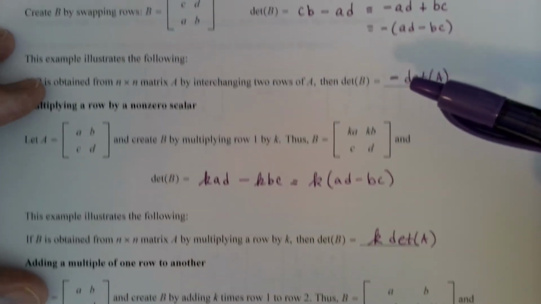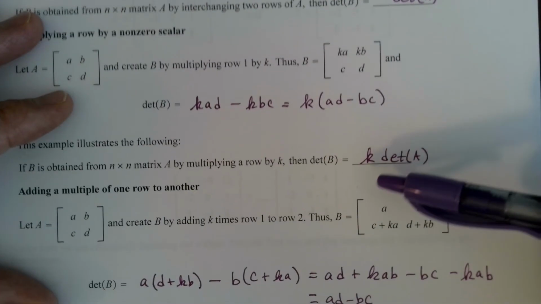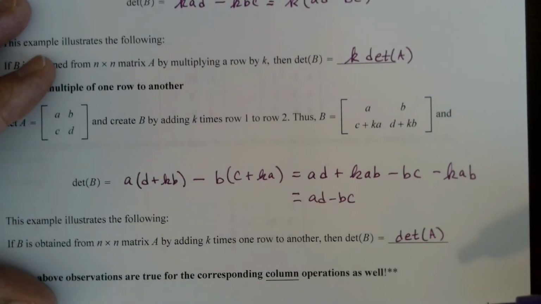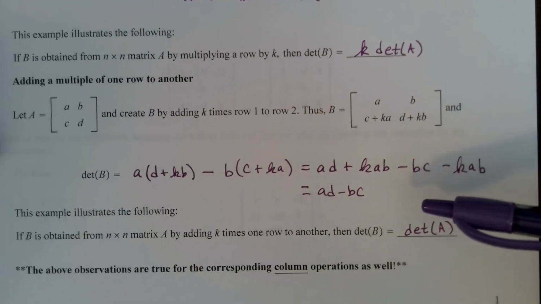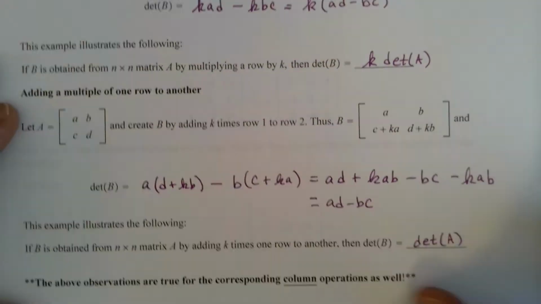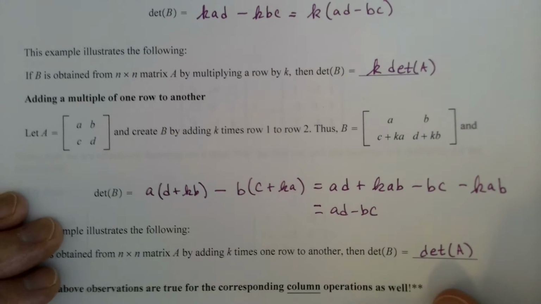In other words, interchanging any 2 columns of a matrix, the determinant changes sign. Multiplying a column by the constant K, the new matrix is K times the determinant of the old matrix. And if I add a multiple of one column to another, it doesn't affect the determinant. The determinant is the same. And you can actually illustrate that fact just like we did with the row operations.